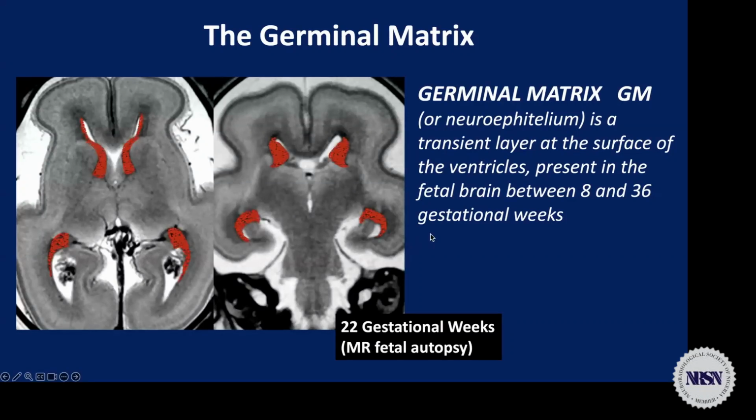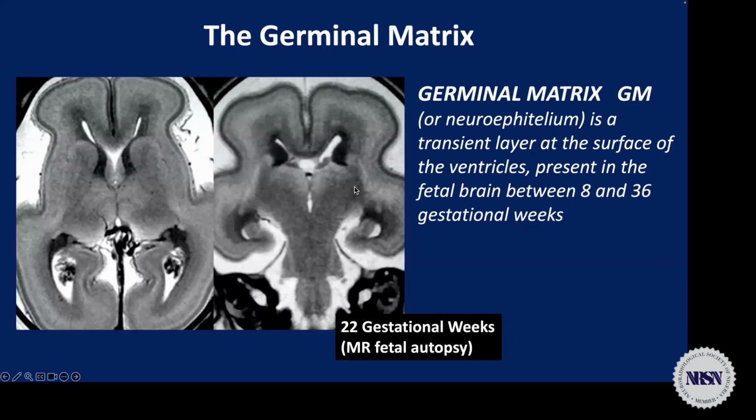And you can see here, this is the region of the germinal matrix. You can see how the germinal matrix is very dark, incredibly hypointense on T2 weighted image because it is very rich in cells.